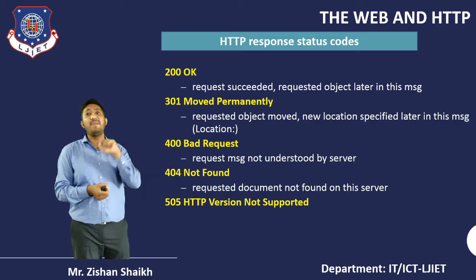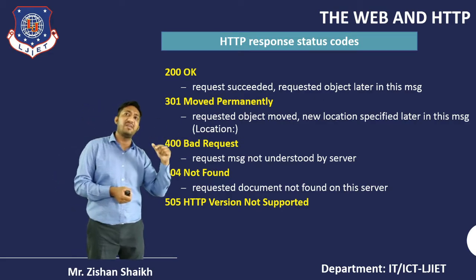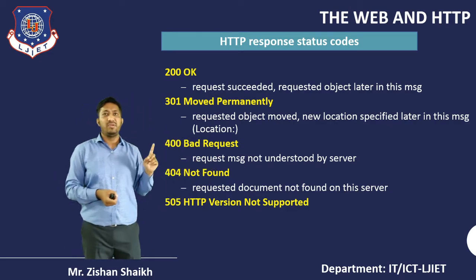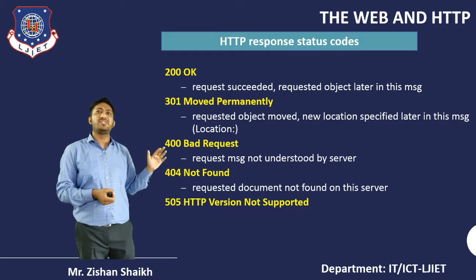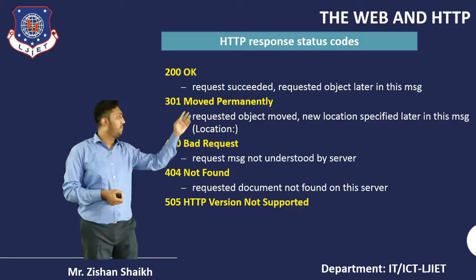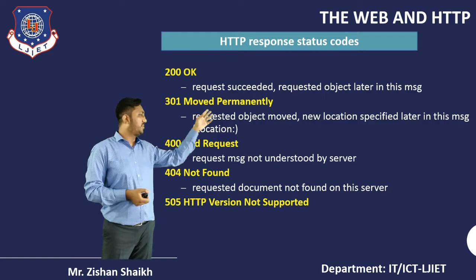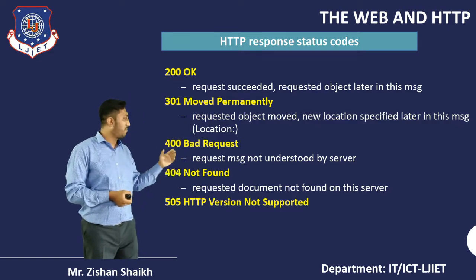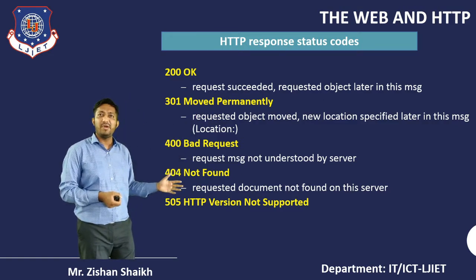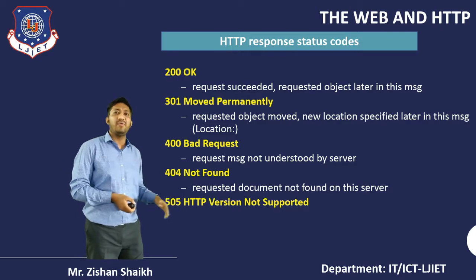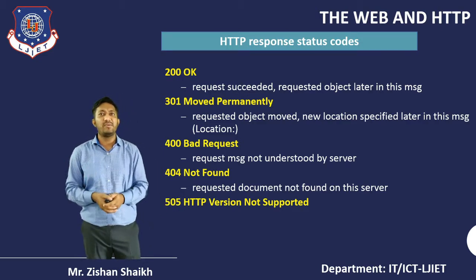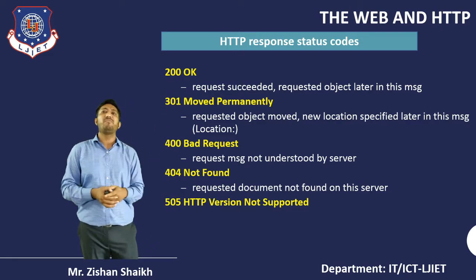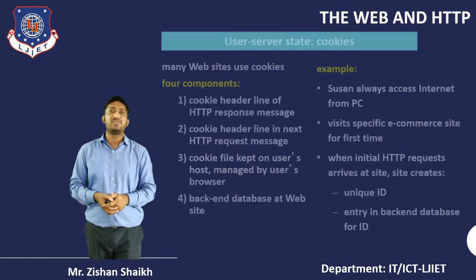That is a type of response generated by our server. Many other status codes are generated. It may be 301, the file has permanently moved. 400 means the request was not accepted by the server. Then 505 means the HTTP version is not supported. So these types of status codes are used by our HTTP system.